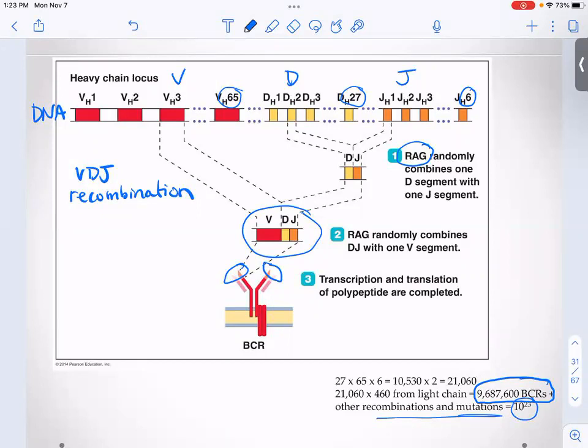So millions and millions of different B cell receptors. And a similar process happens with T cell receptors as well. Okay, so the main idea is that we don't have one gene for every B cell receptor. It's these recombination events that can kind of put this great randomness into our B cell receptors.